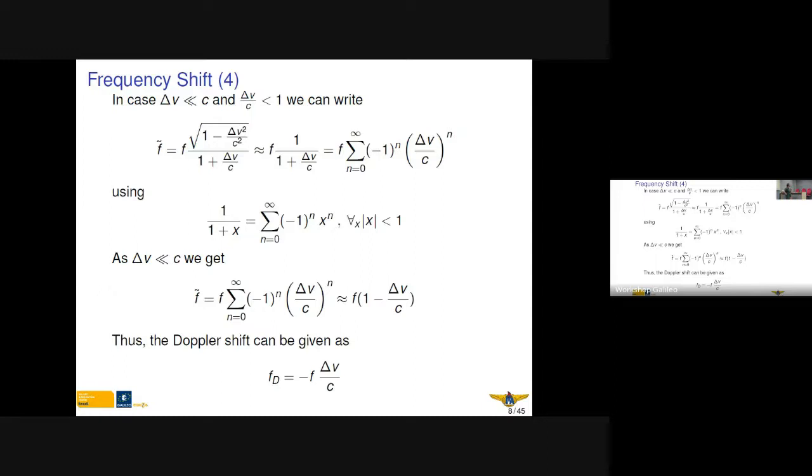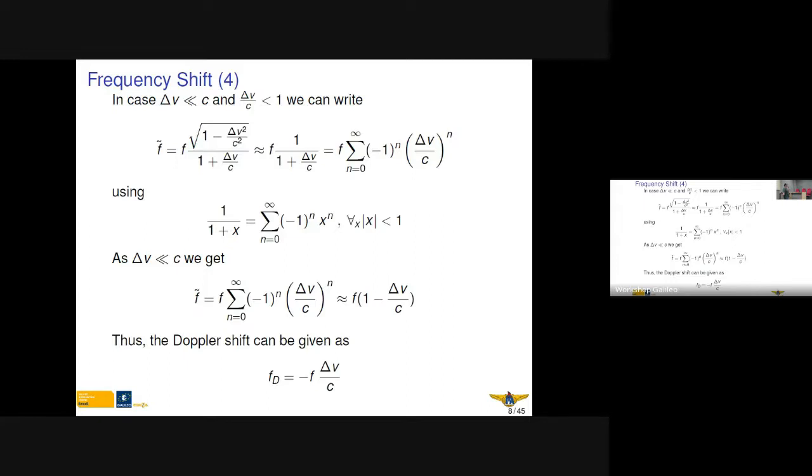And so we have used now that 1 over 1 plus x is equivalent to this sum. And when we now consider that delta V is much, much smaller than c, we can approximate this sum just taking the first two terms of this sum as before.